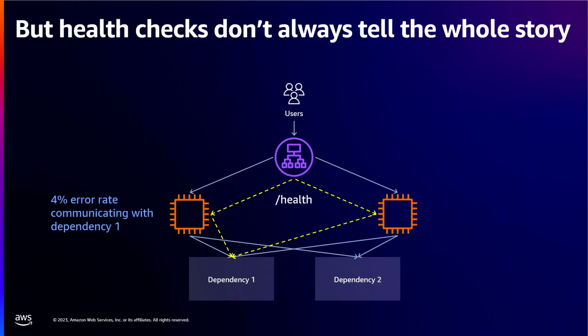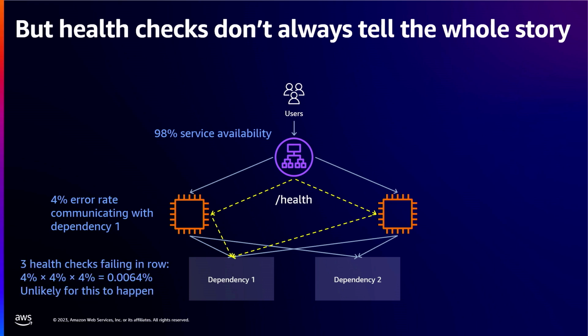Here's the other challenge. Let's say this particular instance is having a problem communicating with dependency 1, and it's producing a 4% error rate. This is going to result in a 98% service availability. I've got 2 instances, one's got a 4% error rate, so I've dropped down to 98%.